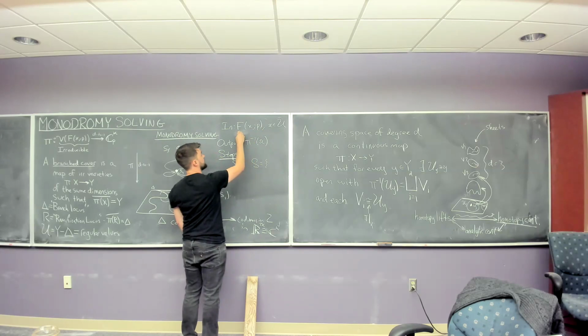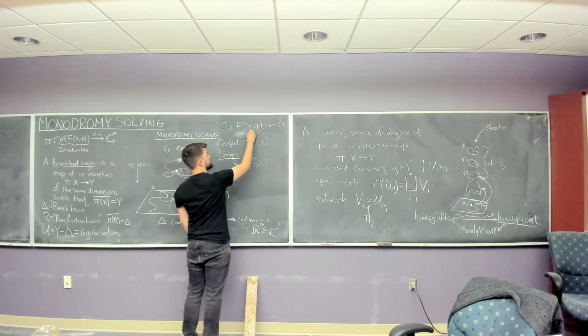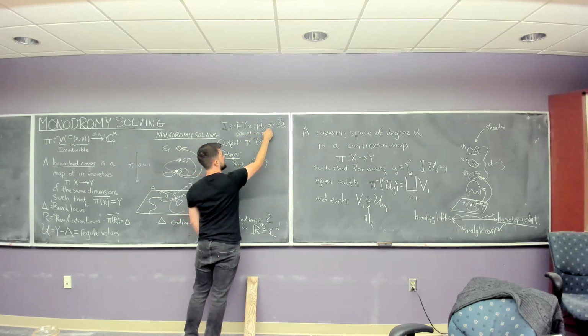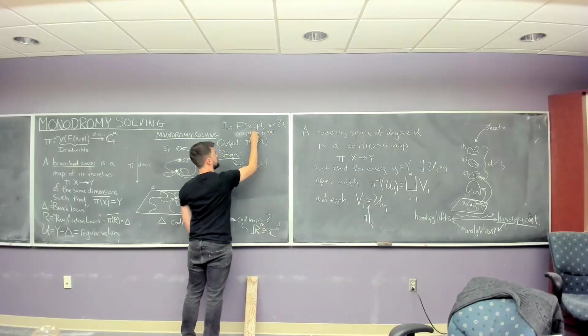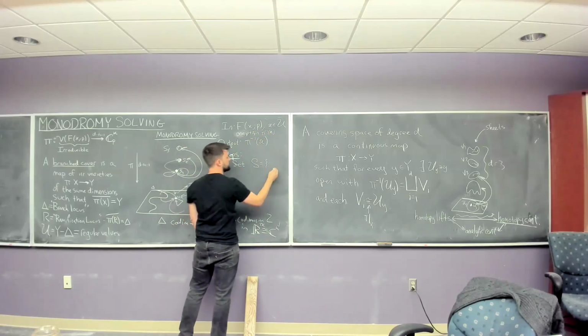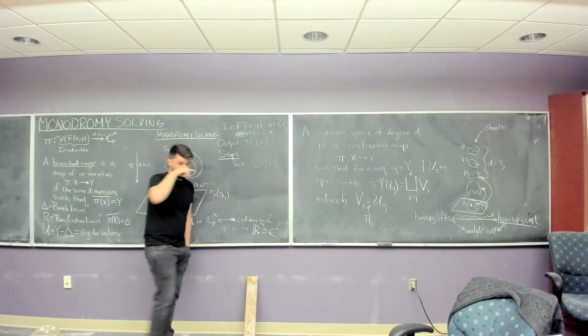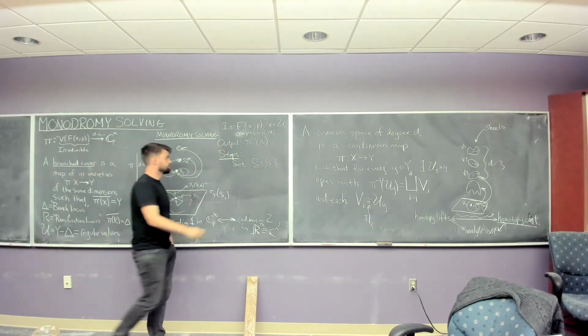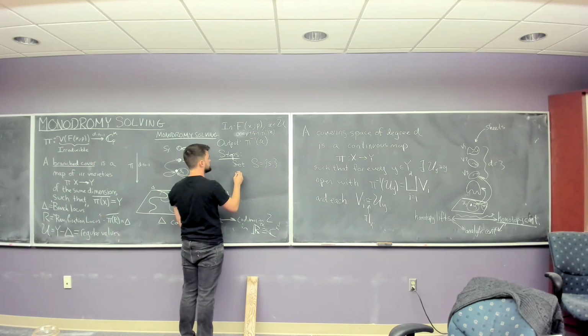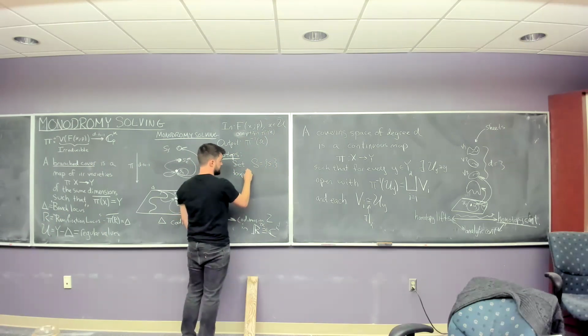Wait, sorry, we also need one point. We start with this one. That's our solution bucket. And there's the beginning of a loop.